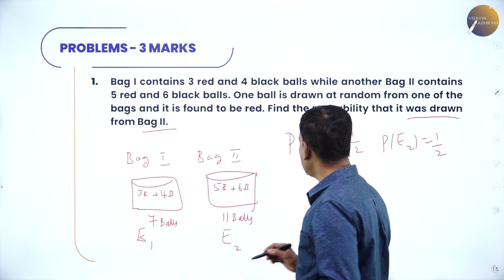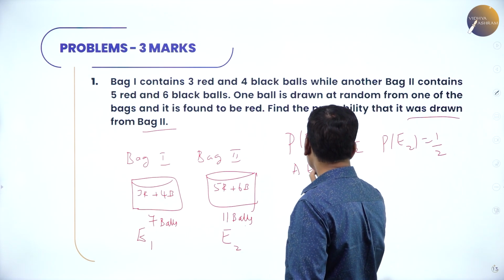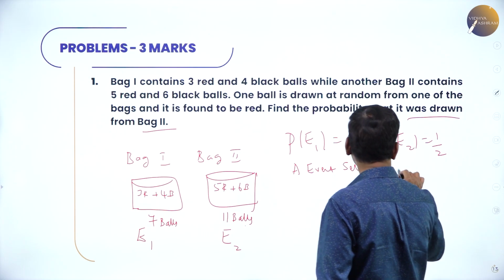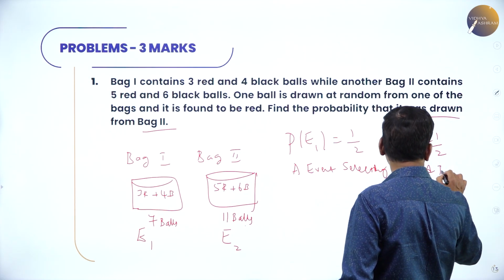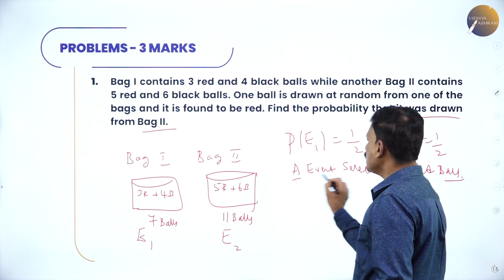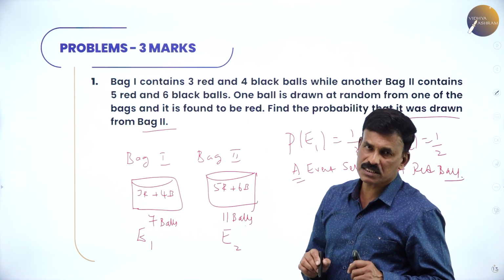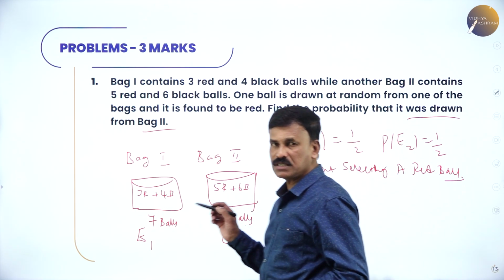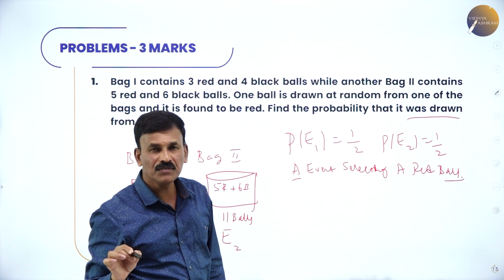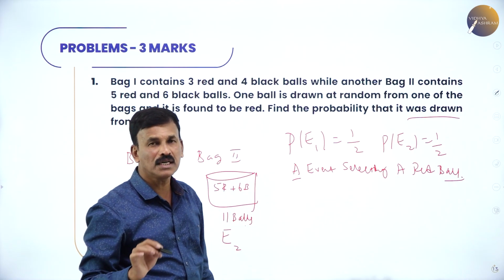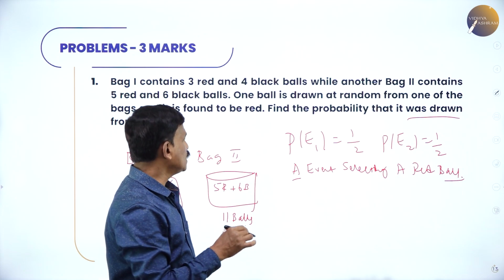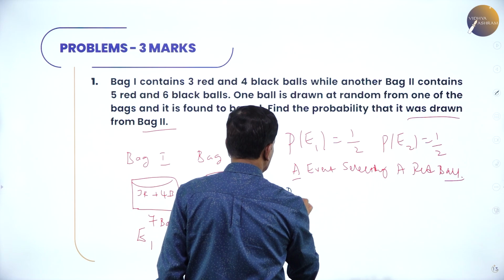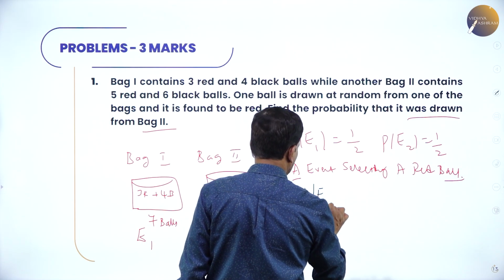Now, let us define an event A. A is the event of selecting a red ball. What is the probability of selecting a red ball from bag 1?